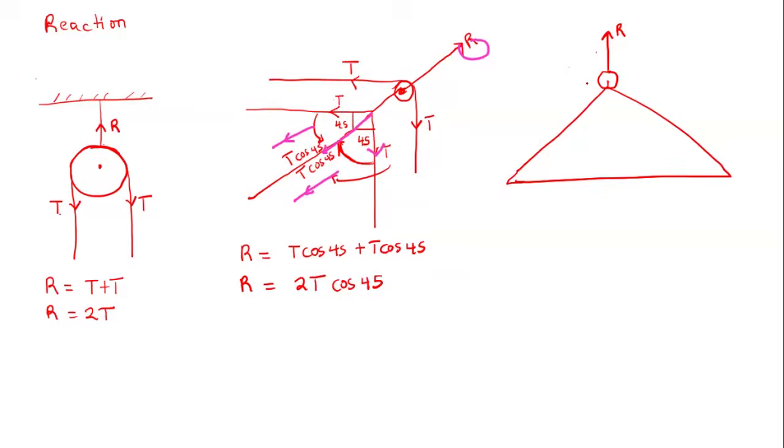And let me say this is your T, and this side, this is your T. Now allow me to divide this, that maybe this is your angle theta and this is your angle theta. Now for this case still, you come here, resolve. So you get T cos of theta. This side, you resolve, you get T cos of theta. You get the angle in between these two. So that means that for this case, your R will equal to 2T cos of theta.